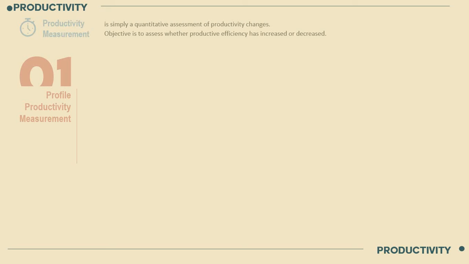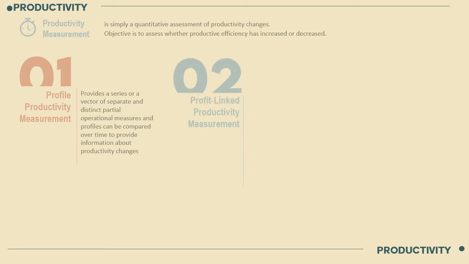Okay, now let's proceed into the profile productivity measurement, which provides a series or a vector of separate and distinct partial operational measures, and profiles can be compared over time to provide information about productivity changes.